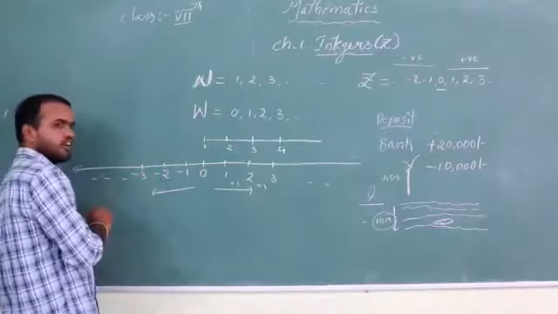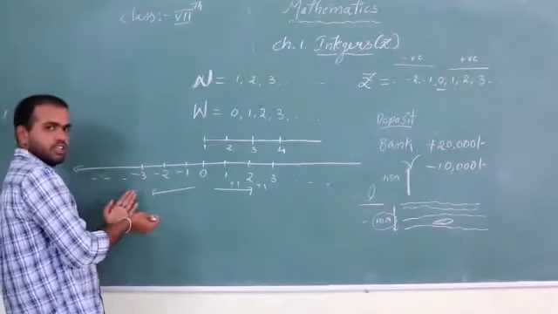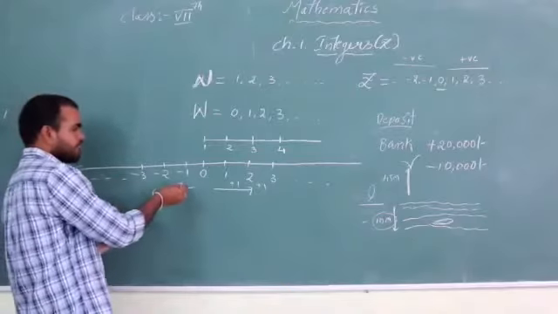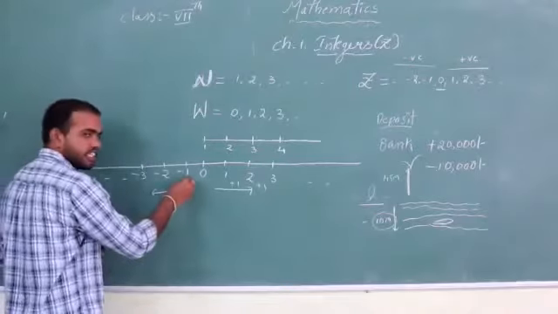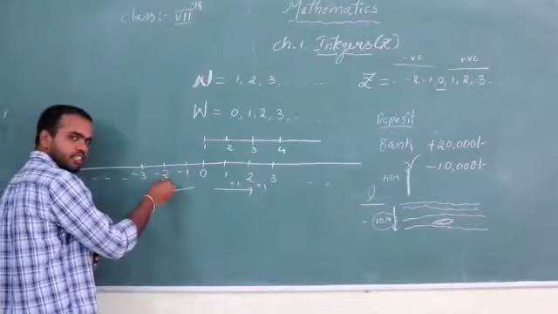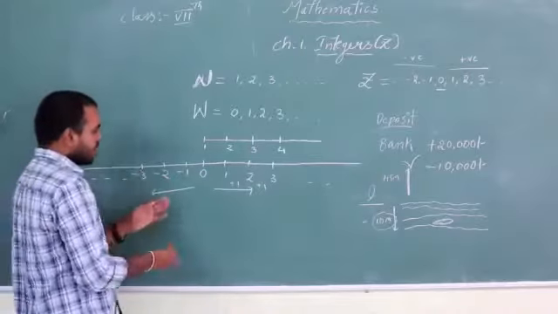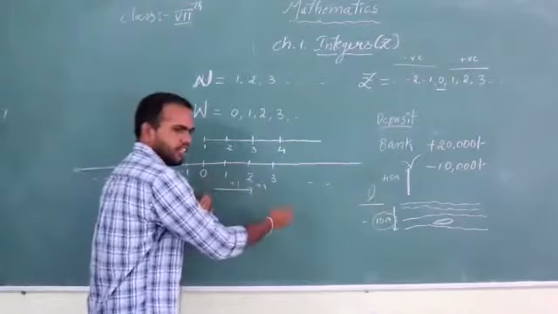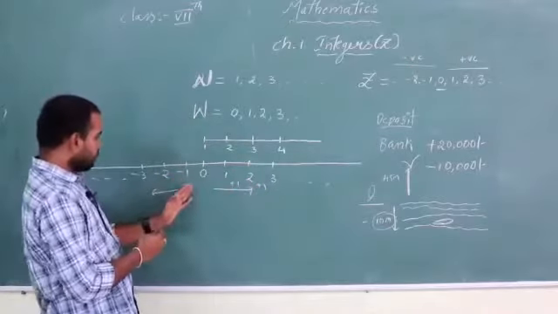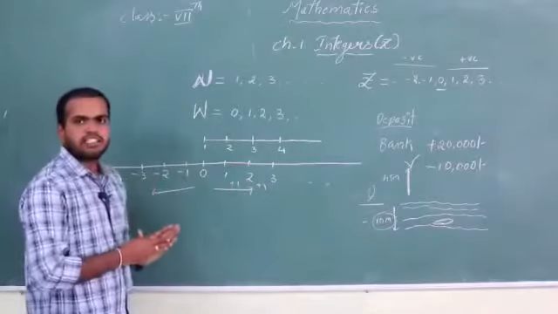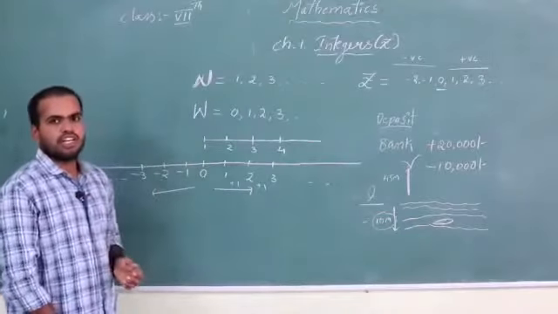So whenever we move to the left side of 0, the value is decreasing. It means if you move to the right of 0 on the number line, the value will increase, and if you move to the left of 0, the value will decrease. So this is what you have to understand.